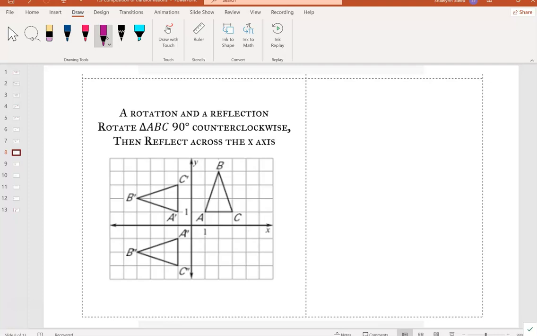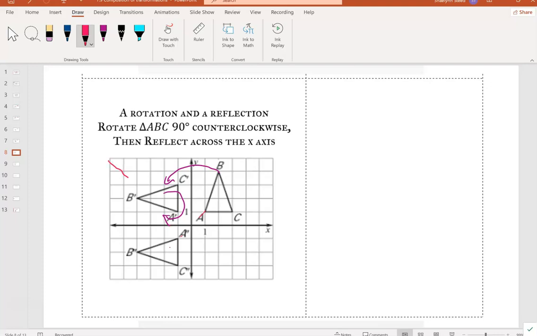So what if we do a rotation and a reflection? So let's see. We rotate 90 degrees, and then we're going to flip it over to this one. So if we look at this, it's not just a translation because we can't move A to A and B the same amount. It's not quite a rotation because then C would end up on top.